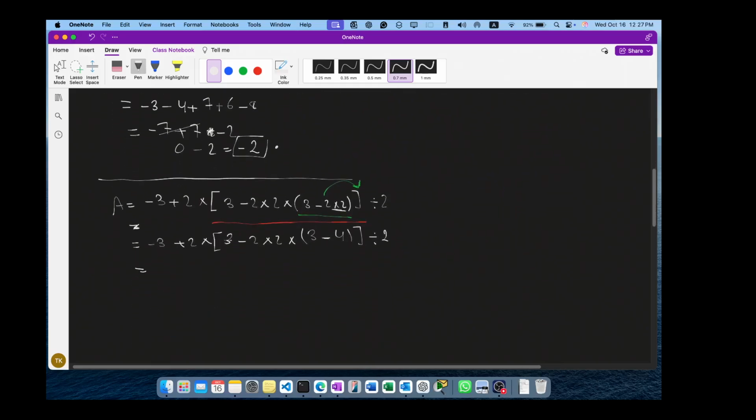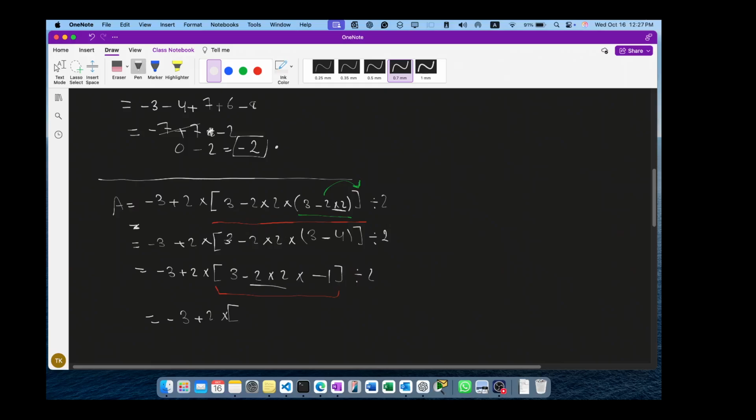Now, equals minus 3 plus 2 times bracket 3 minus 2 times 2 times 3 minus 4, which is minus 1, because the higher number is 4 and I took the sign of the higher number. Now divided by 2. Then I will start with this bracket. Minus 3 plus 2 times 3 minus 2 times 2 times minus 1.